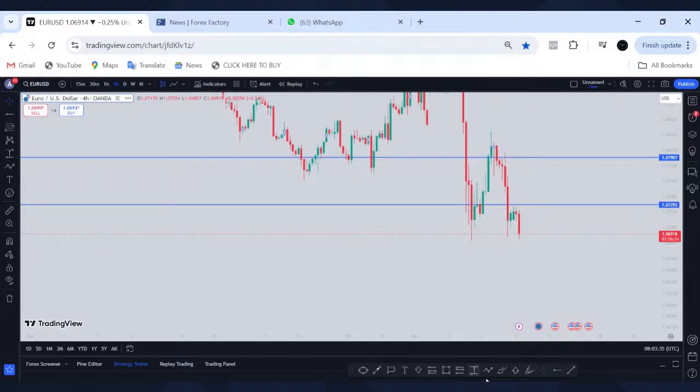So this is a break and retest entry. There's a break and retest.